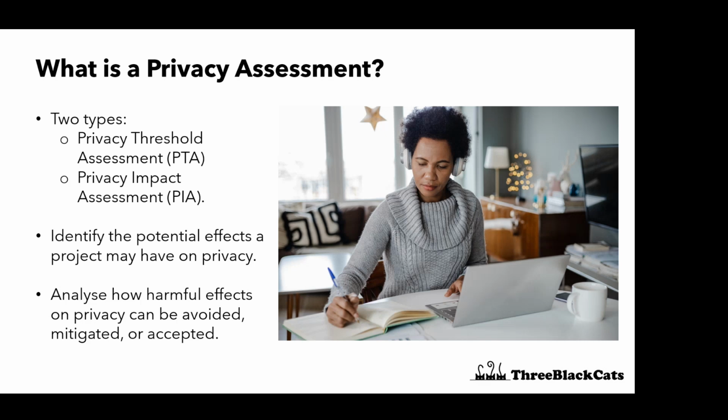Generally, we aim for about 70% of projects to be on that PTA only, 30% needing that more detailed assessment. Again, it depends on your organisation. If you are quite a low risk privacy organisation, you might actually have 99% of your stuff on a PTA. Okay. So we have those 2 tiers for it.